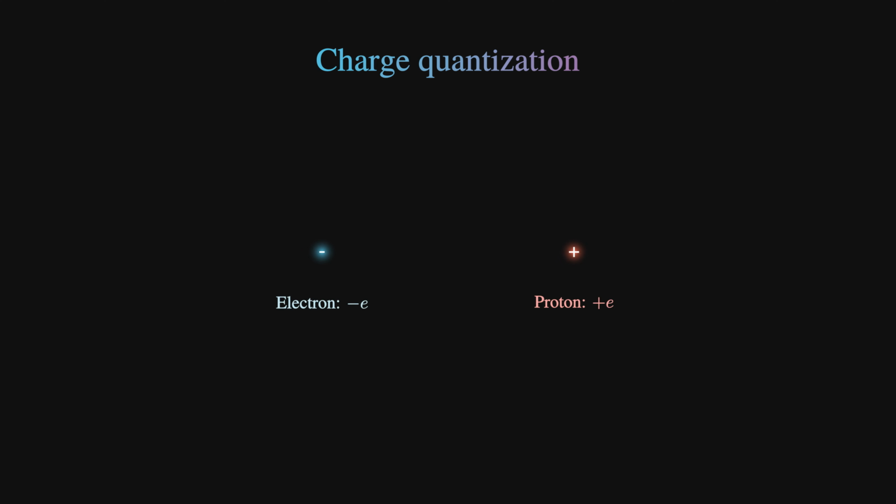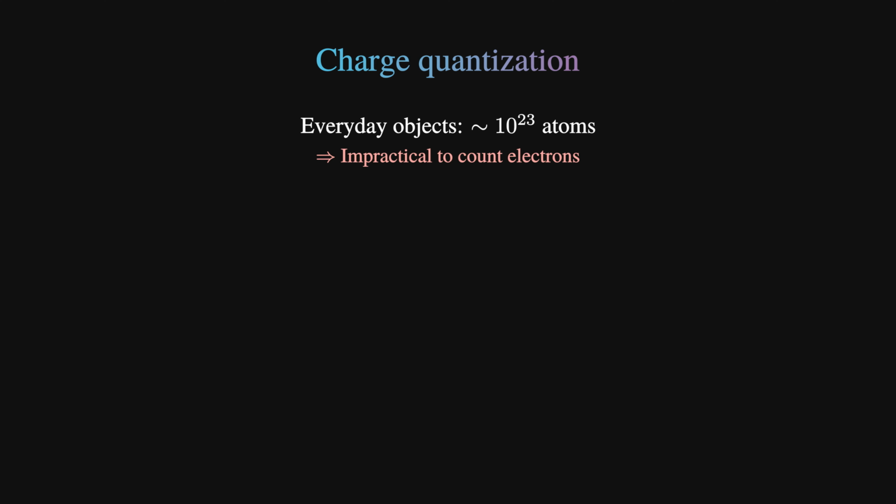Now, as most everyday objects consist of around 10 to the 23 atoms, you might imagine that measuring their charge in terms of electrons is not practical. For these scenarios, we instead measure charge in the unit coulombs, named after Charles Augustin de Coulomb, who we will talk about more in the next lecture. 1 coulomb is 6.24 times 10 to the 18 elementary charges to 2 decimal places.